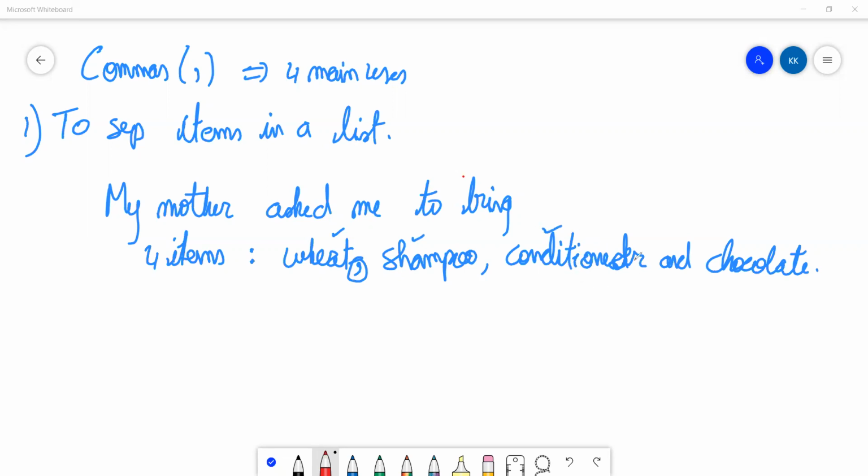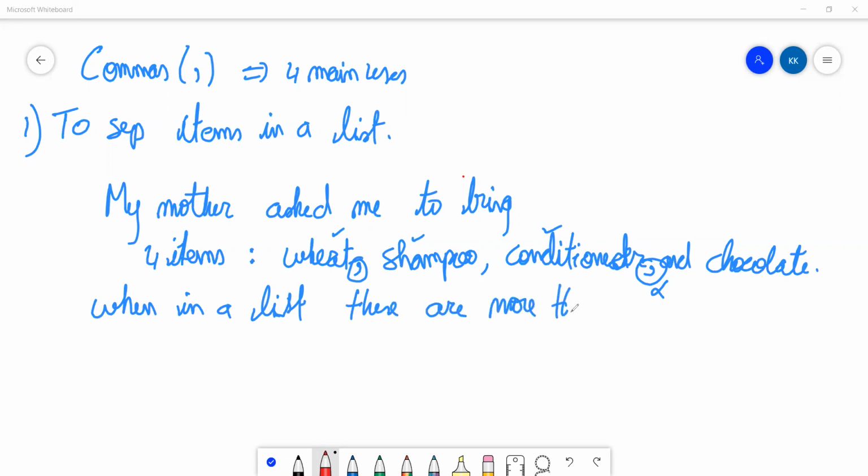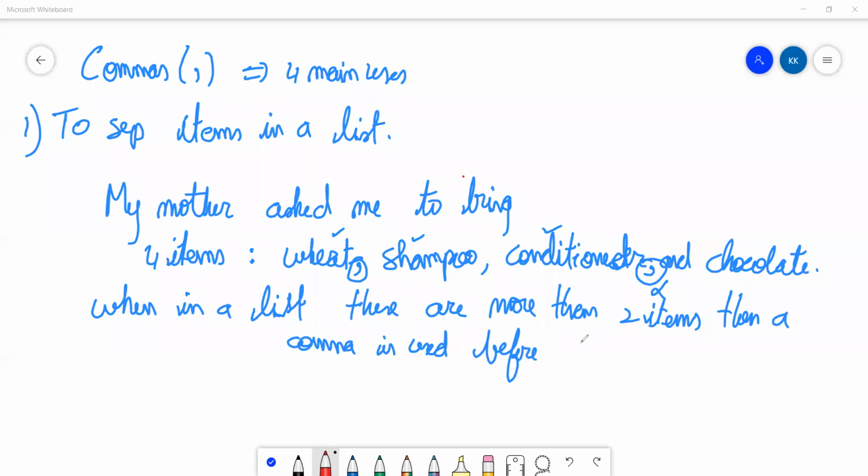Now, in India, we don't have this habit of using a comma before and. Okay, it is treated as wrong. But always remember, when in a list there are more than 2 items, then a comma is used before and.